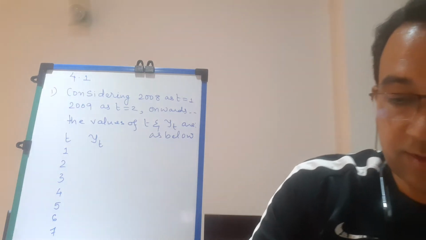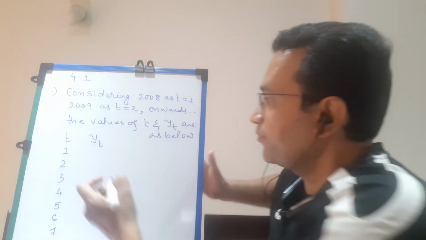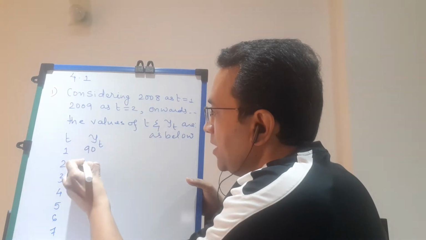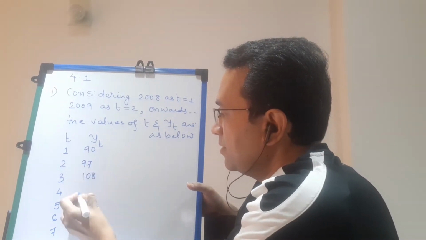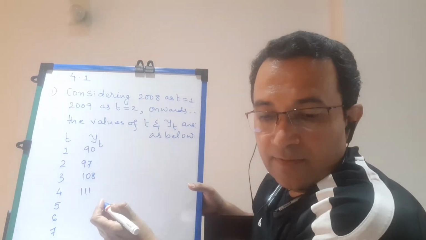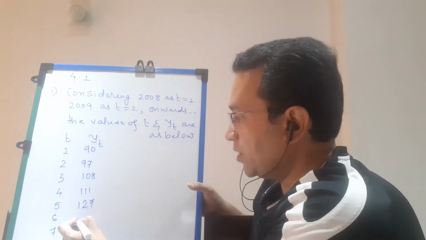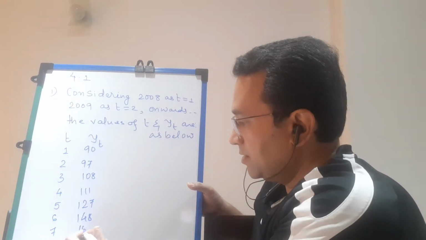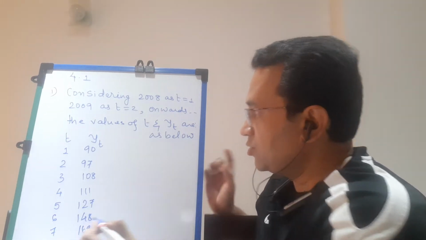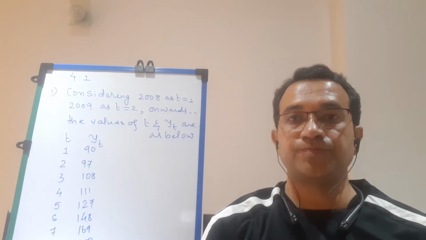And correspondingly you note the values of yt which are 90, 97, 108, 111, 127, 148, 169, and 200. So this is the first step which we have to write in the sum.